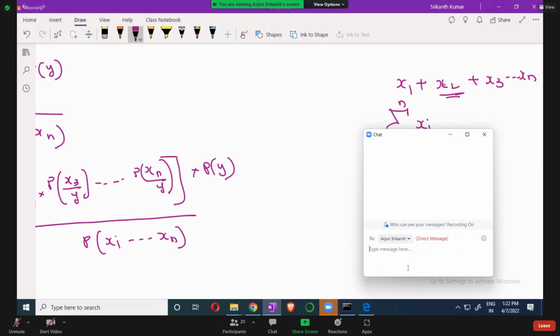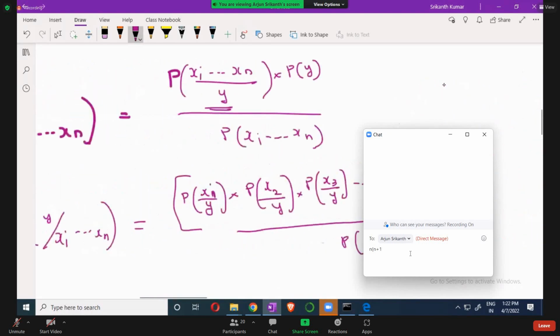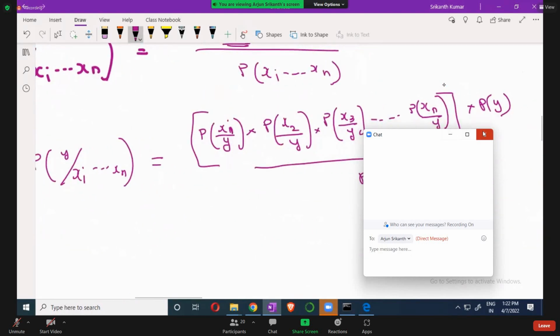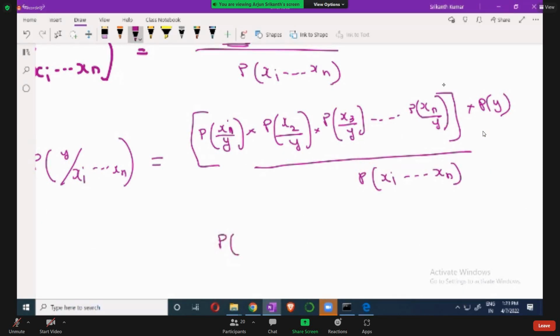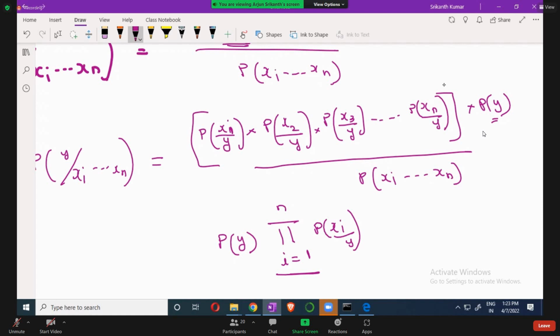Now when you are doing the multiplication, X1 into X2 into X3, you can write it as product of Xi, where i goes from 1 to n. Okay, this is the way you write it. So we can write it as probability of Y, which I'm taking first, and product of probability of Xi given Y, where i goes from 1 to n. This is again divided by probability of X1 to Xn.